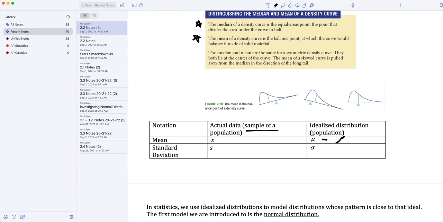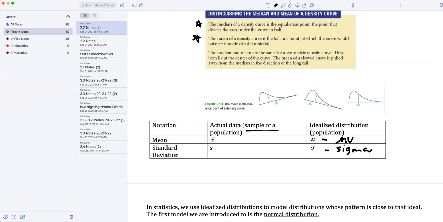Mu. Mu is the mean in a population, and this Greek letter is sigma, which is the standard deviation in a population. So mu and sigma come from a population, X bar and S come from a sample, which we will talk about a lot more as we go forward in the course.